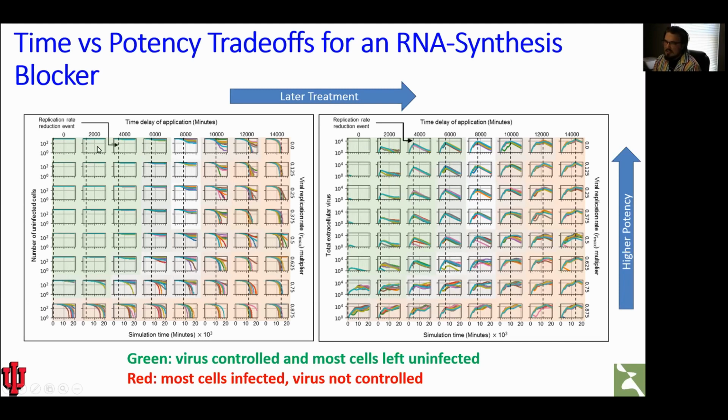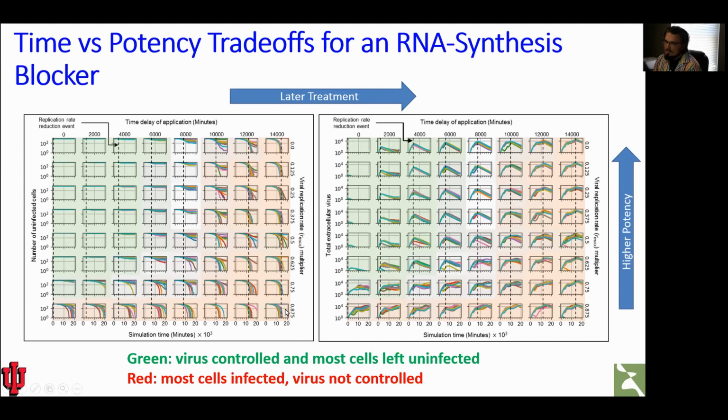And as you would expect for early treatment and very strong treatment, which is here towards the top left, this is counting the number of uninfected cells. And you can see here we simulated 900 epithelial cells for all simulations, and in most of these these curves are practically unchanged. For very early treatment and absolute treatment, a complete stop to genomic replication, practically nothing happened, which is what we would expect.